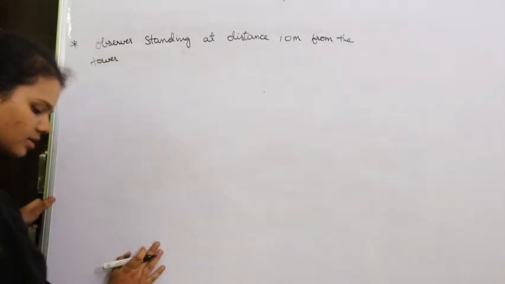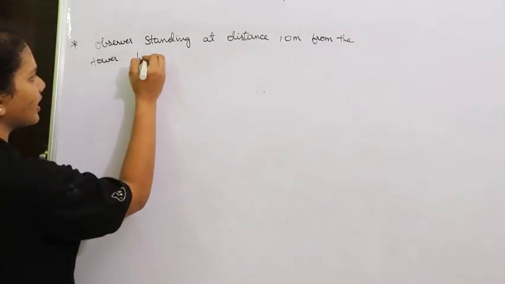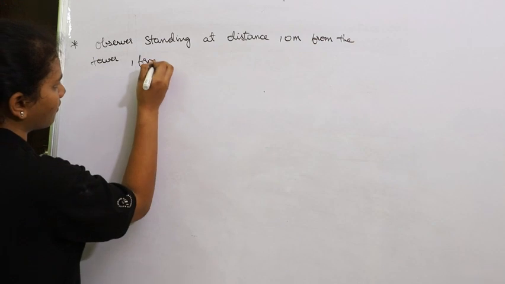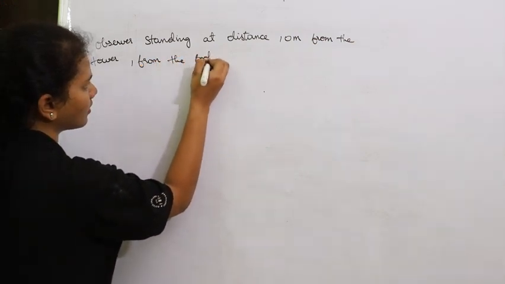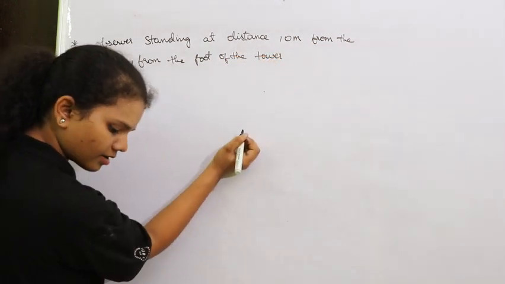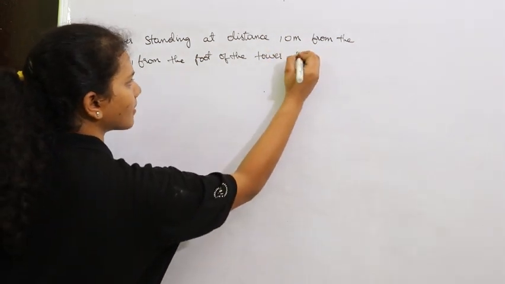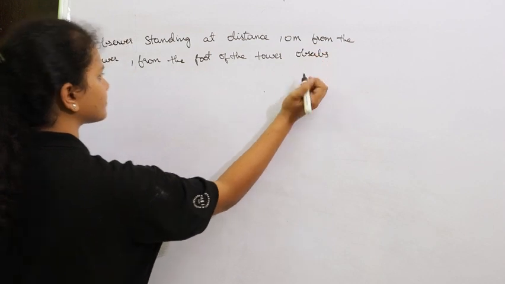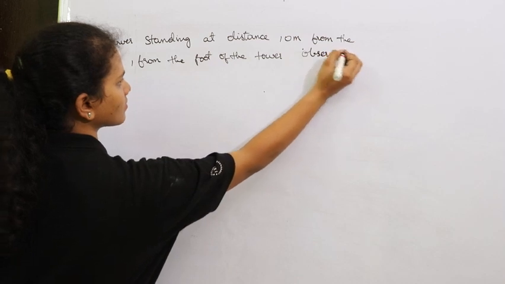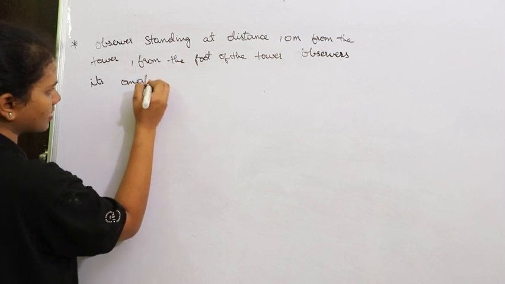From the foot of the tower, the observer observes its top with an angle of elevation.